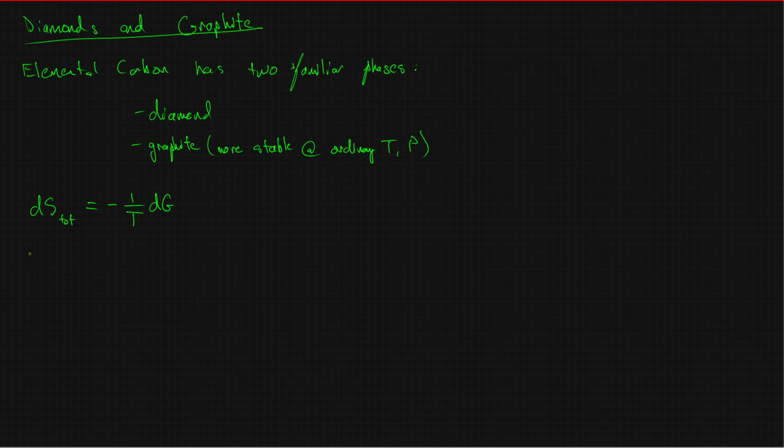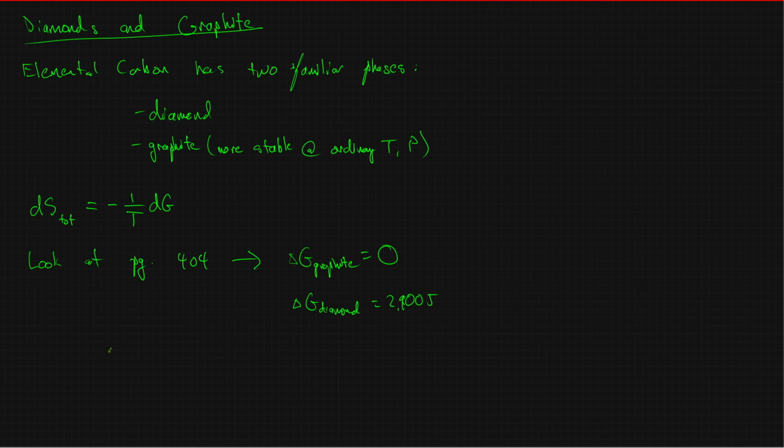So if we look at page 404, you can find that for graphite, this is just 0. And for diamond, it is 2,900 joules for 1 mole of each substance.